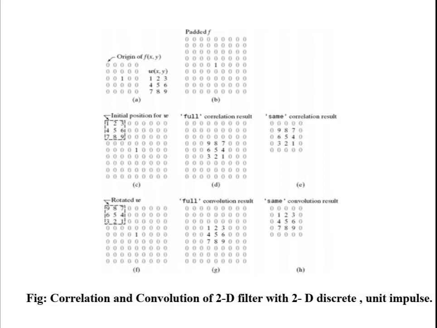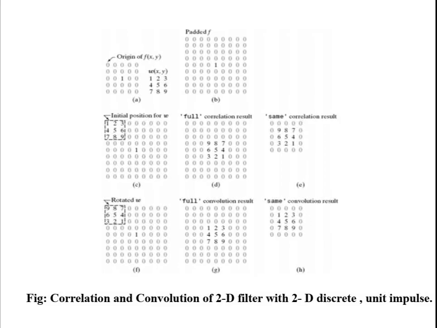If instead of containing a single one, image f in the figure had contained a region identically equal to w, that is a kernel operator, the value of the correlation function after normalization would have been maximum when w was centered on that region of f. Thus, as you will see, correlation can also be used to find matches between images.